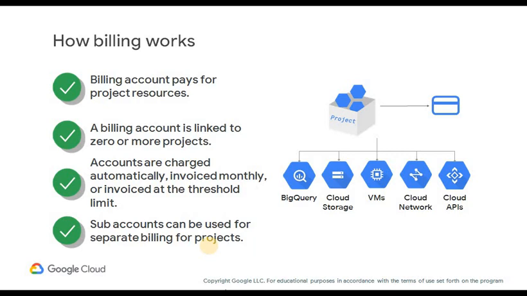Projects that you don't link to any billing account can only use free Google Cloud services. Your billing account can be charged automatically and invoiced every month or at every threshold limit. You can separate project billing by setting up billing sub accounts. Some Google Cloud customers who resell Google Cloud services use sub accounts for each of their own clients.